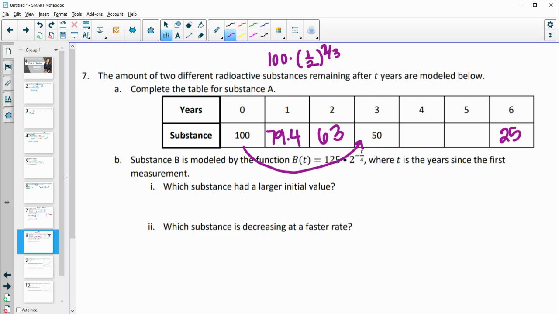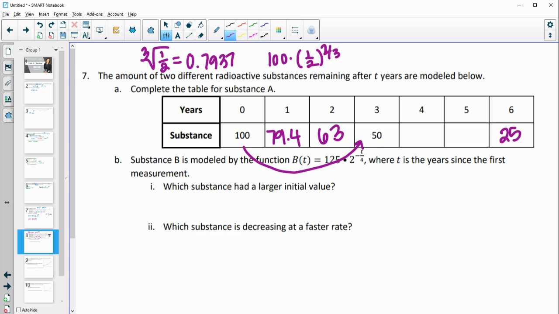Because you're doing 3 equal chunks here, you want to be reducing it by the cube root of 1/2. So that would be a growth rate between years of 0.7937. So you can also be taking 100 times this growth rate of 0.79. That would get you here. Then taking the 0.79 times this again. And then the 63 times the 0.79.